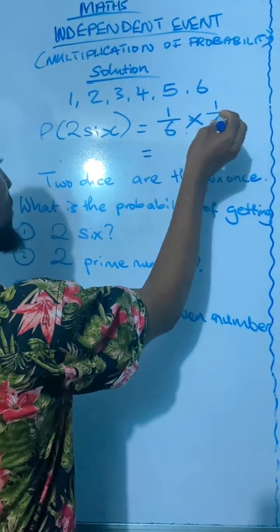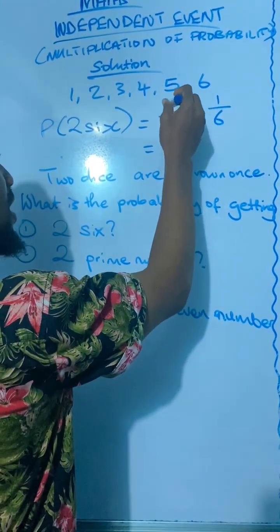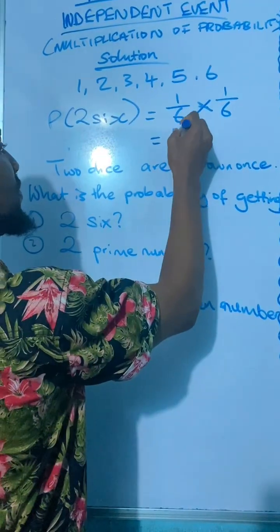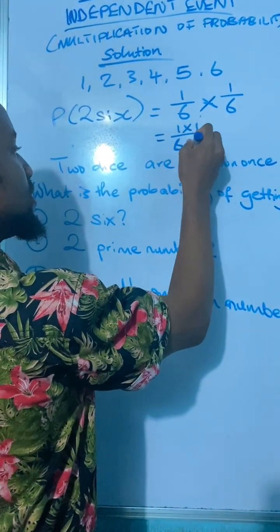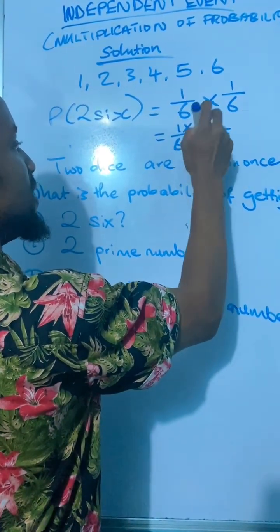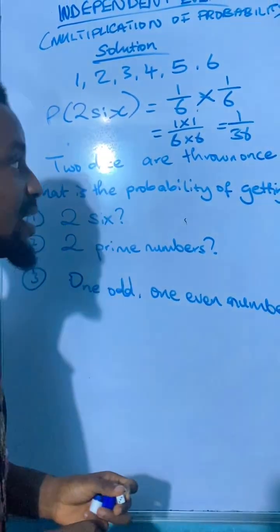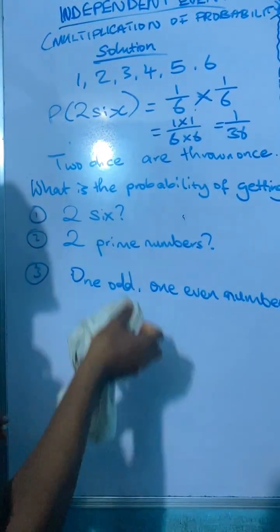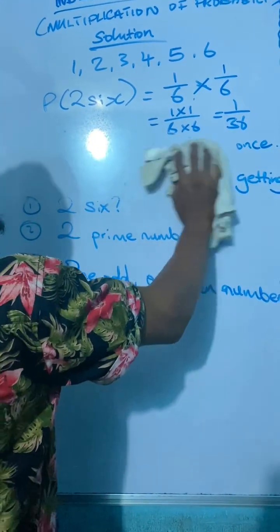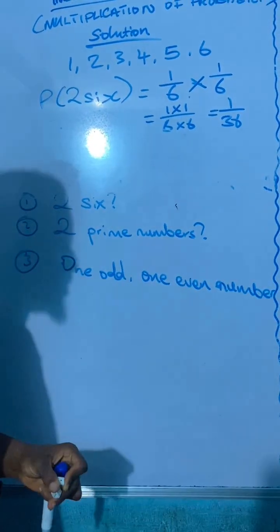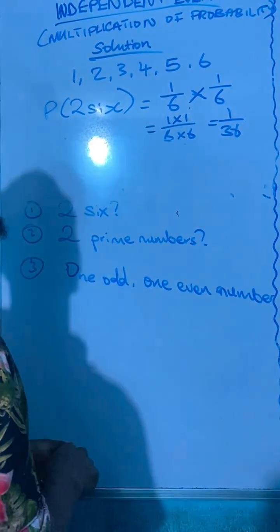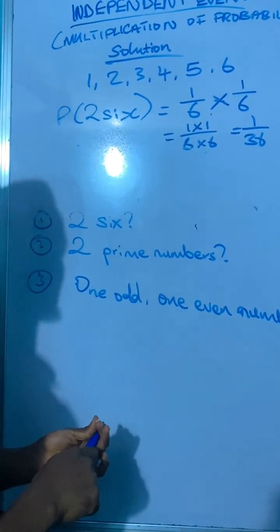If you don't know how to multiply it, remember 1 times 1 divided by 6 times 6. 1 times 1 is 1, and 6 times 6 is 36. And that is your answer. Probability of getting 2 6 when you throw a die or when you are playing your game is 1/36. So if you see that kind of question, don't run away.